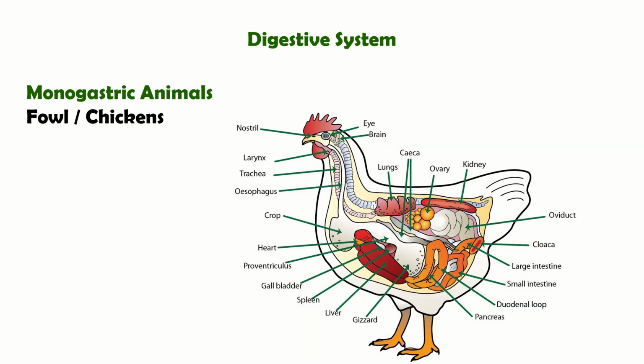Okay, so next is the digestive system of the fowl or the chicken. Let's first discuss the parts, then we will be discussing the different functions later.